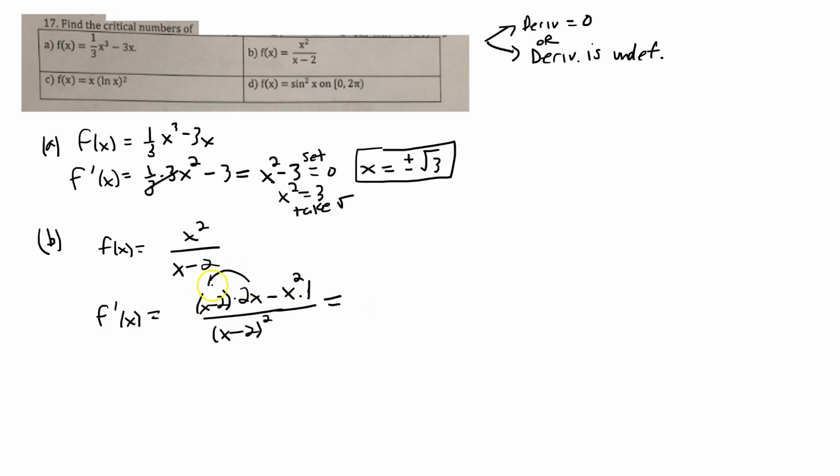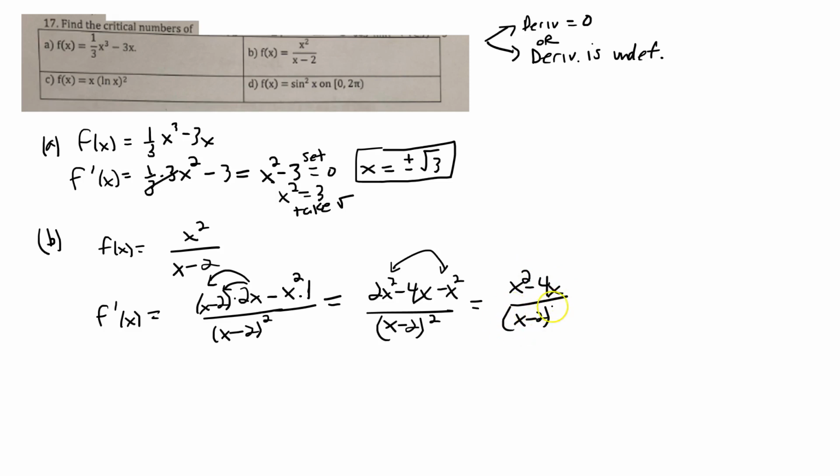Giving us, distributing across here, 2x squared minus 4x minus x squared. And that's all on top of x minus 2 quantity squared. Combine these x squared terms together to give you 2x squared minus x squared. It's just an x squared. So we have x squared minus 4x, and that's on top of x minus 2 quantity squared.